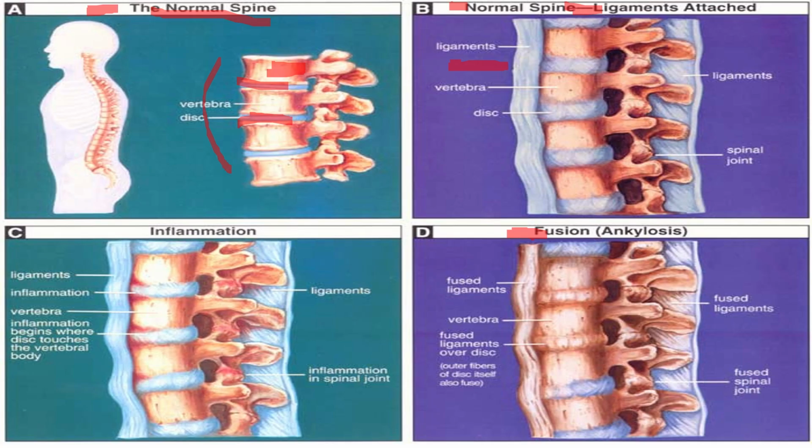In C, it shows the early inflammatory phase of ankylosing spondylitis. There is inflammation of the ligament and of the ligament insertion site, that is the enthesis, and it is called enthesitis. Inflammation occurs where the disc contacts the vertebral body.